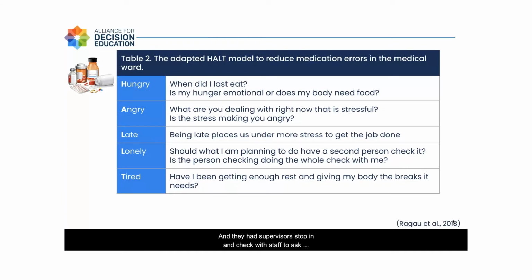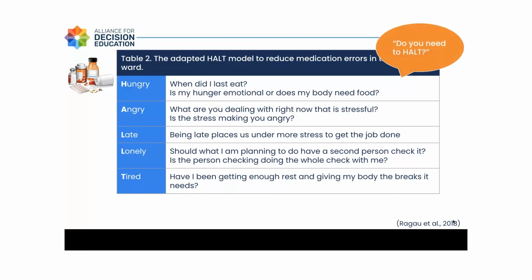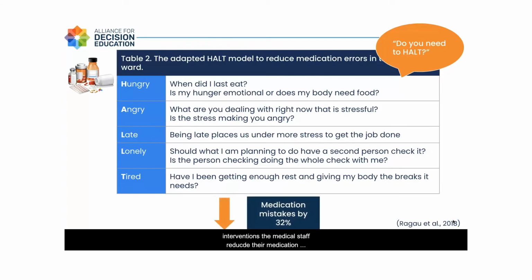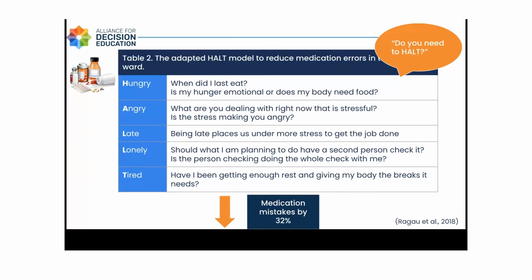And they had supervisors stop in and check with staff to ask them, do you need to halt? What they observed was that after implementing these interventions, the medical staff reduced their medication mistakes by over 30%. So this is just another example of how your mental or physical state in the moment of making a decision can have an impact.